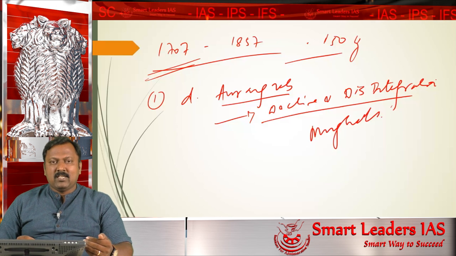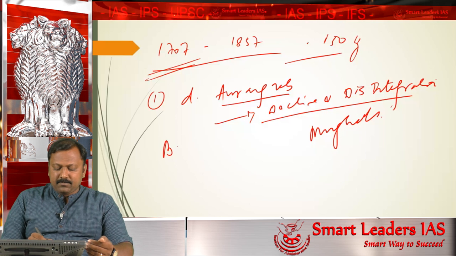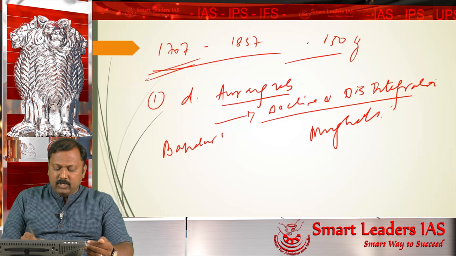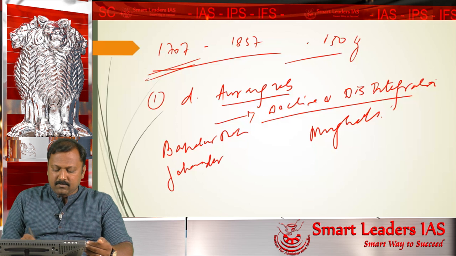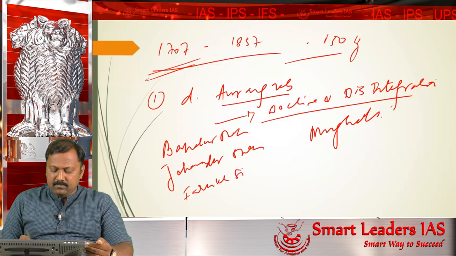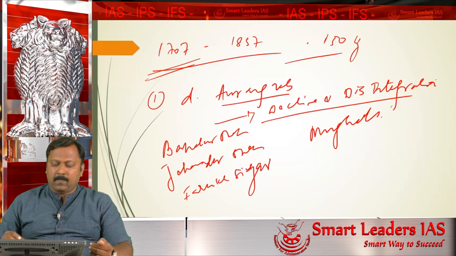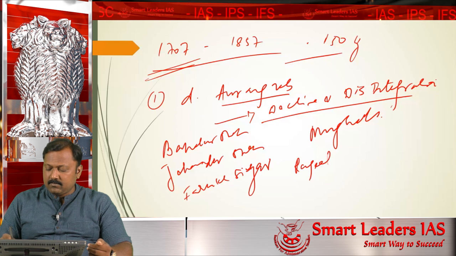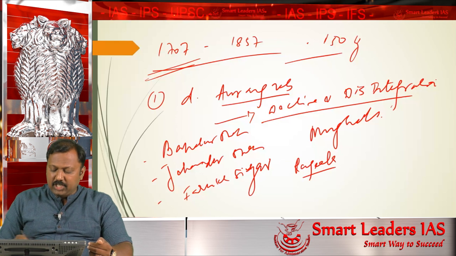Starting from Bahadur Shah, Jahandar Shah, Farrukhsiyar, and Muhammad Shah Rangila.